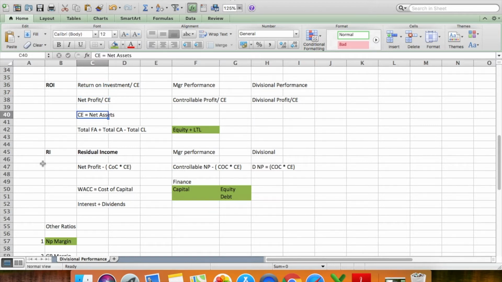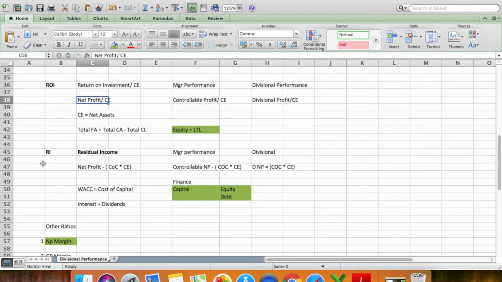Capital employed, as we can see here highlighted in green, is equity plus long-term liability. Your capital must either be financed by equity or by debt, or a combination of both, or either one of the following, right? So capital employed is technically the capital or the finance of your organization.